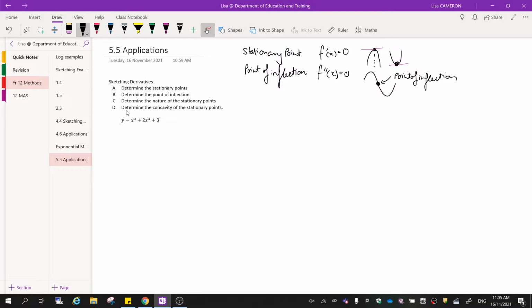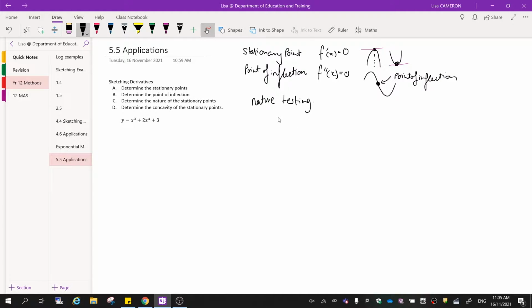Now, when we're determining the nature of stationary points, that means we're going to test around the stationary point to see what its gradient is doing. Okay, when I take the first derivative of something, I'm really just looking for a beautiful story about the gradient of that function. So if I'm testing the nature of the stationary point, it means I'm testing around that function to see what the gradient's doing. So nature testing.